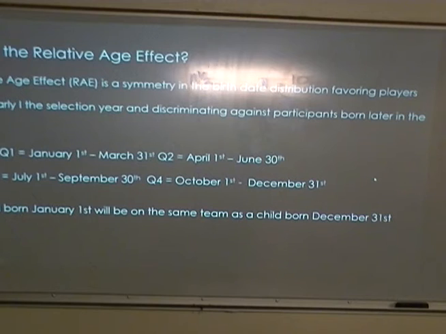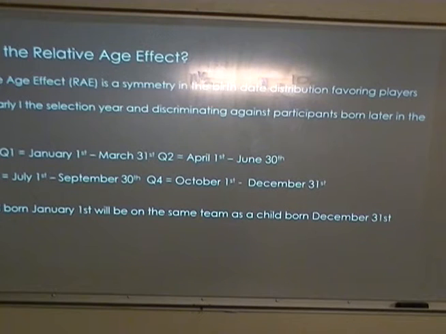To get an understanding of what the relative age effect is, it is an asymmetry in the birth date distribution, favoring players that are born earlier in the selection year, and it discriminates against participants that are born later in the year. For example, if a sport were to divide its participants in quarters, which most sports do, quarter one would be January 1st to March 31st, quarter two April 1st to June 30th, essentially every 3 months.